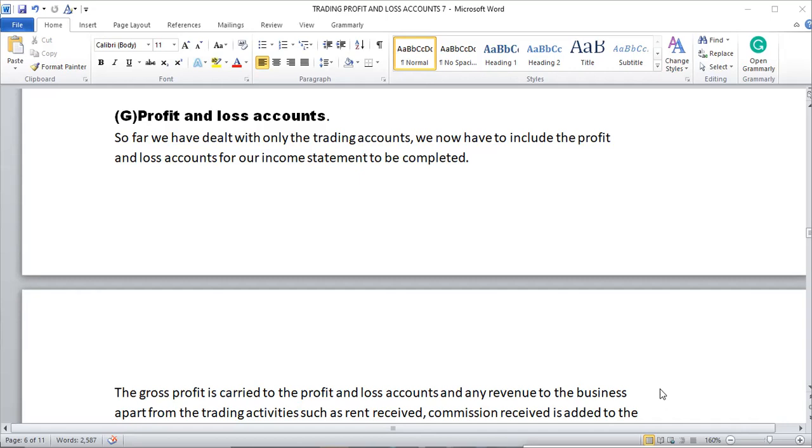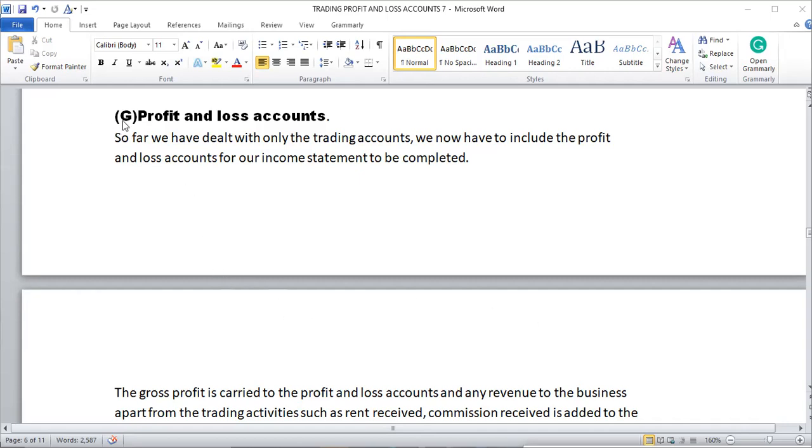How do we arrive at the net profit? Simply, you take the gross profit, add any other revenue to it, then deduct all expenses. After deducting the expenses, you arrive at the net profit. So let us go through.